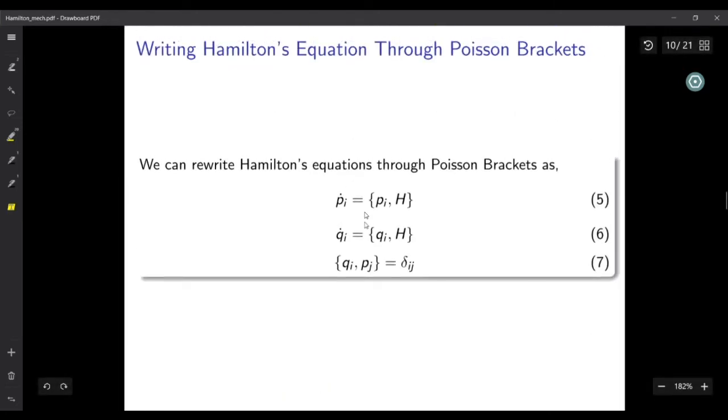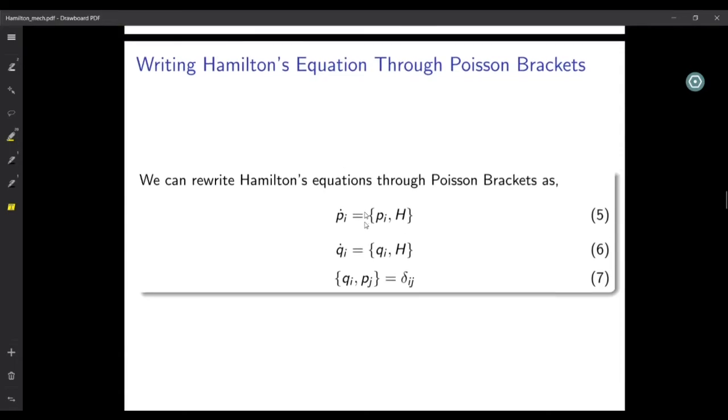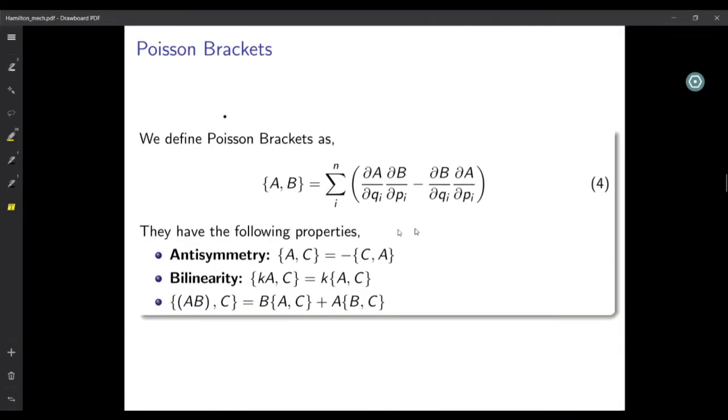If you go up, we can see how it all works out. I think if you could write it out, it would be easier. Yeah, go up to the Poisson brackets part.